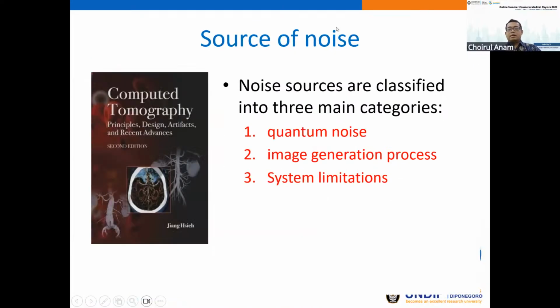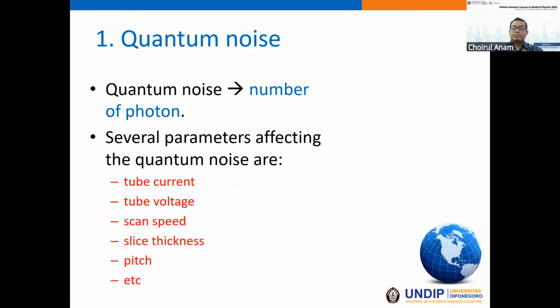Okay, the noise comes from three main categories: the quantum noise, image generation process noise, and system limitation. We will discuss the quantum noise. The quantum noise is the noise related to the number of the photon.